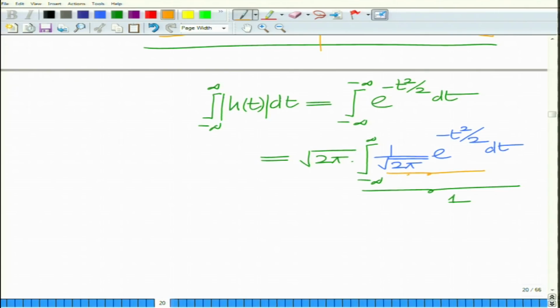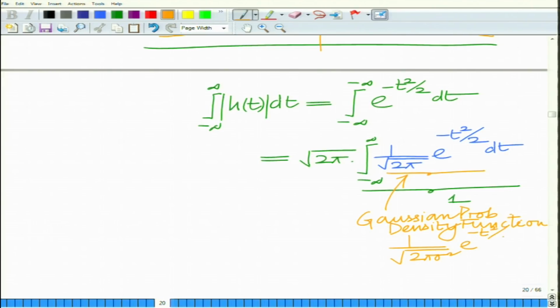So, 1 over square root of 2 pi e to the power of minus t square by 2, this you can show is a Gaussian probability density function, that is, 1 over square root of 2 pi sigma square e to the power of minus t square by 2 sigma square, with mean mu and variance equal to sigma square, and the integral from minus infinity to infinity of a Gaussian probability density function is 1.